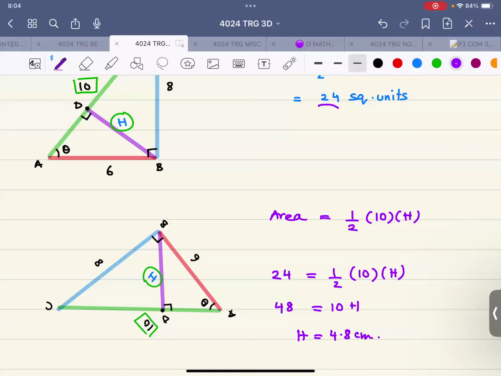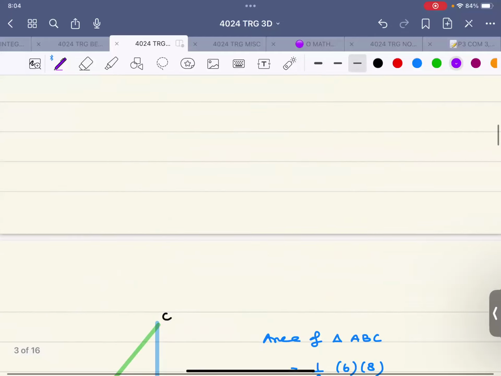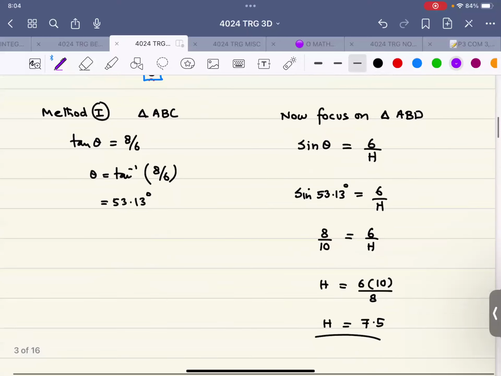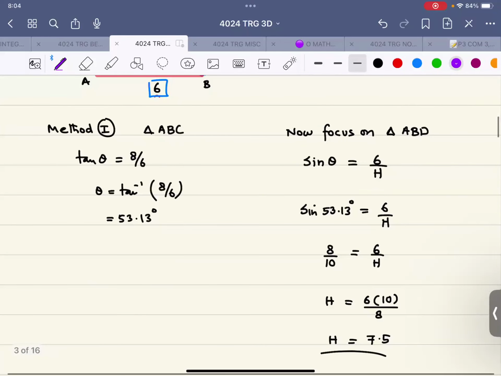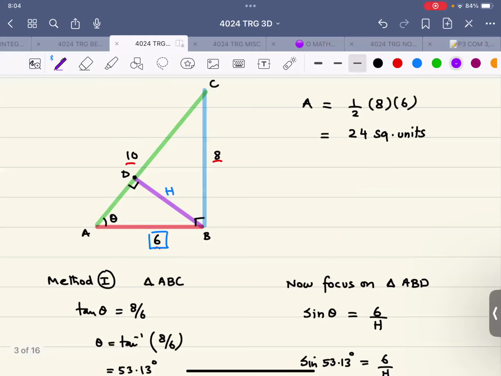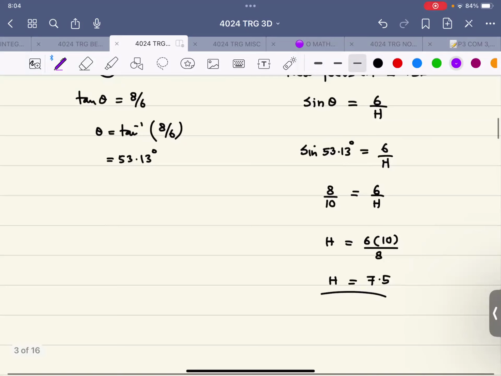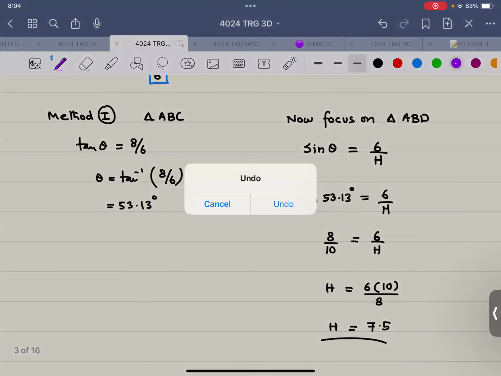I think I might have made a mistake over here. Let me go and correct it. Tangent theta is 8 over 6. That's 53.13. Sine theta for this thing is h over 6. So therefore, that is 3/4 of 10. That is 7.5. Now, let me just grab my calculator. Maybe I've calculated the wrong value.